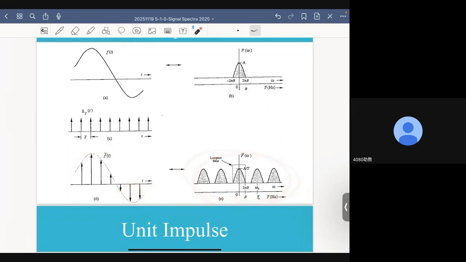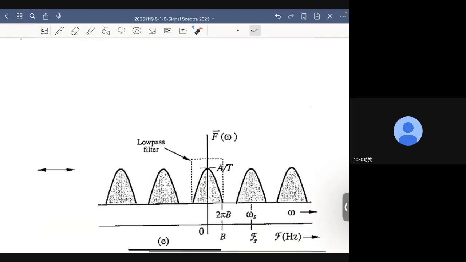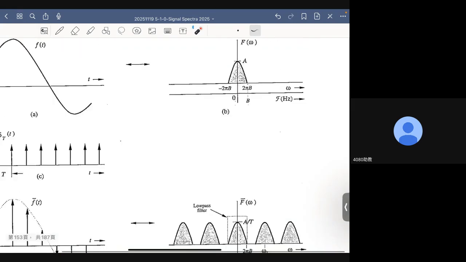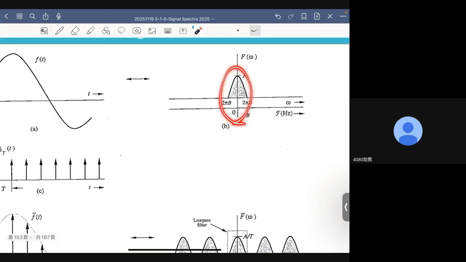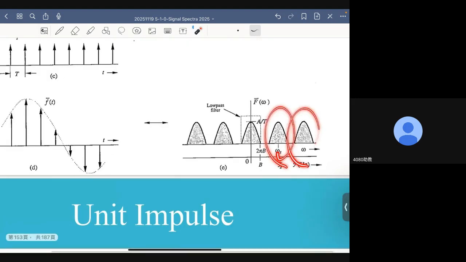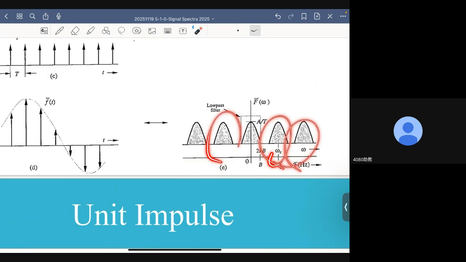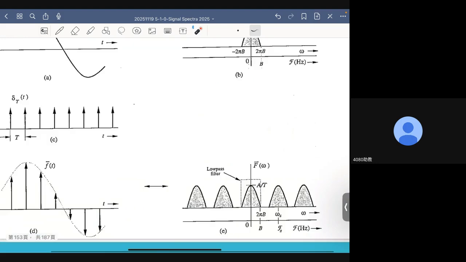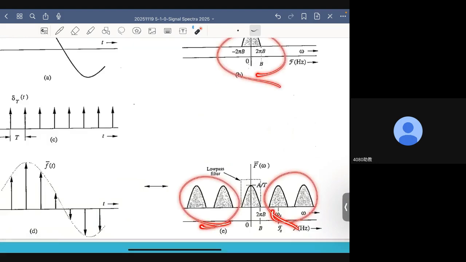Instead of losing information, first, I preserve the original spectrum, and then, in addition, I actually have additional spectrum, which was not supposed to exist, right? Because we didn't have this in the original signal, okay?